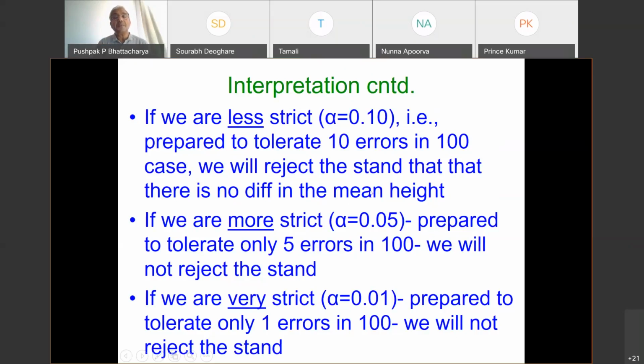Okay, so this is the meaning of level of significance, and it has a very close relationship with the null hypothesis and the seriousness of rejecting and accepting, depending on the nature of the problem.